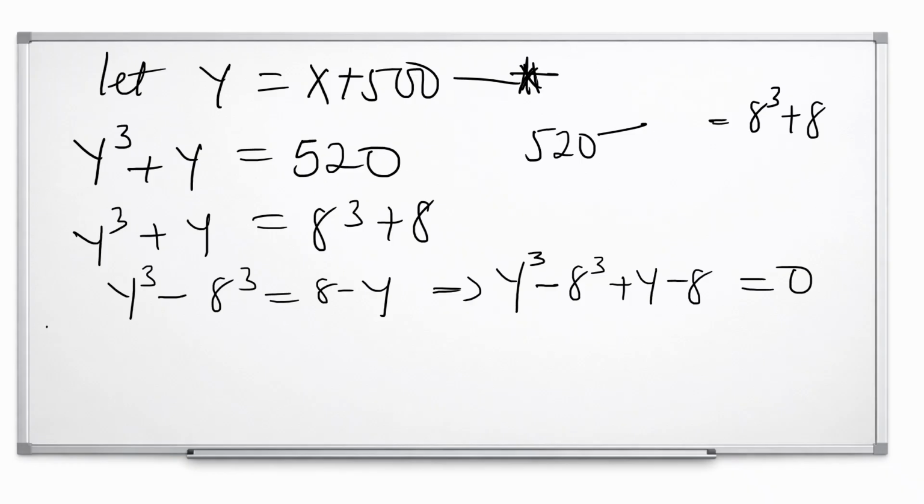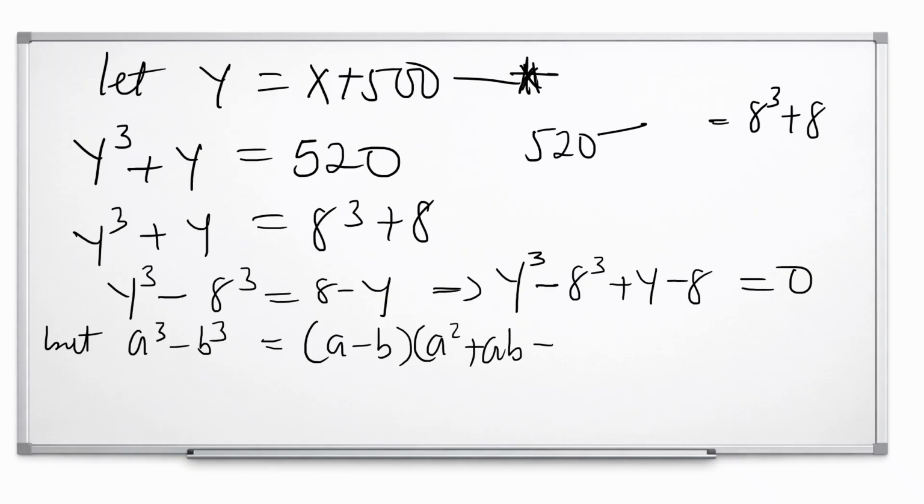Now, recall that when we have a^3 - b^3, this is the same thing as saying (a - b)(a^2 + ab + b^2). Now I'm going to apply this rule to solve this question.